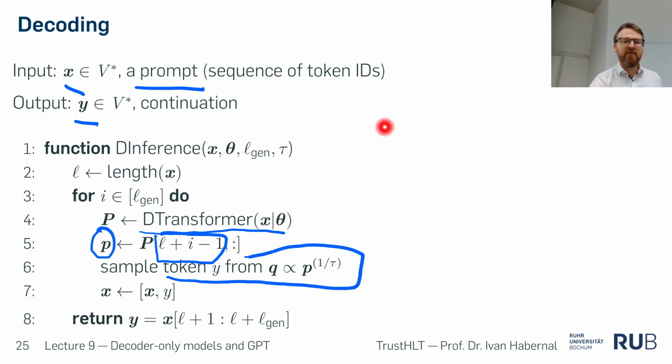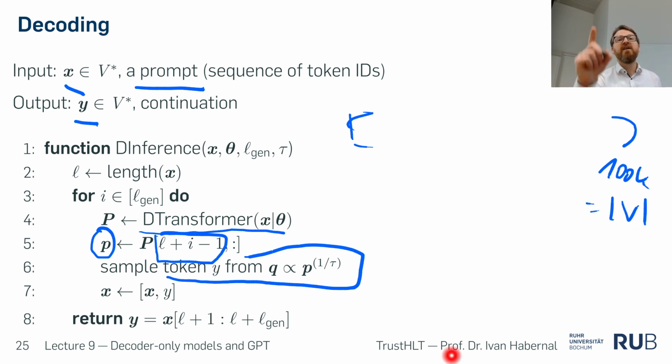So what does it mean? We have a probability distribution, say a vector of, let's say, 100,000 entries, which is the size of the vocabulary. Token inventory, now I remember the term, somebody is using that as well. And this is a probability distribution like 0.001, 0.0001, 0.02, and so on.